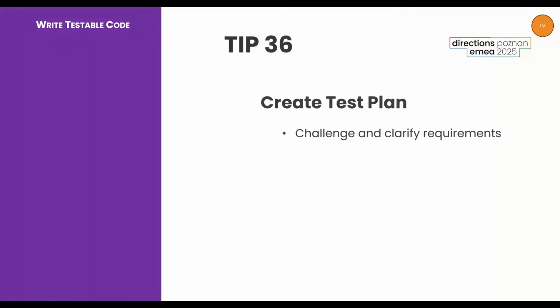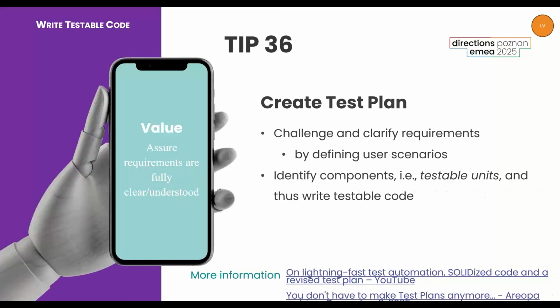Next one, create test plan. Test plan is setting up a list of scenarios that you're going to implement. So what do you want the software to do, but also how are you going to test them? On the down part, there are two references. I added an extra one, the December 8th session, which I will do with Tine. Will show you how AI can help you to do this.